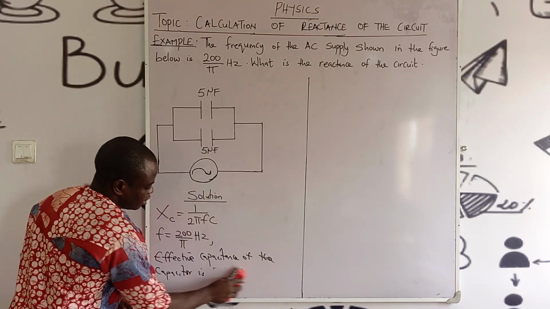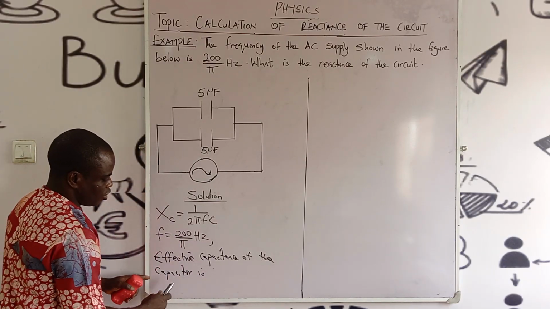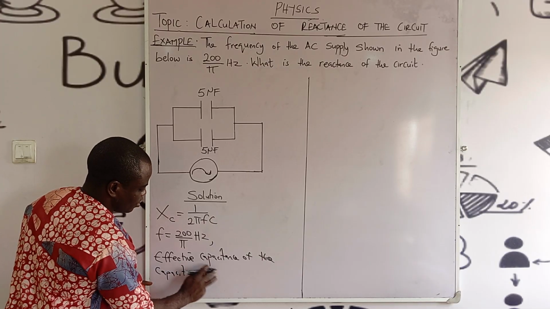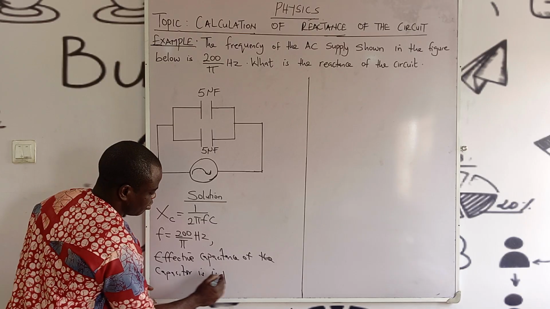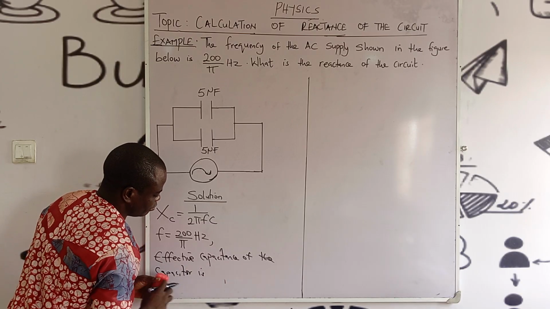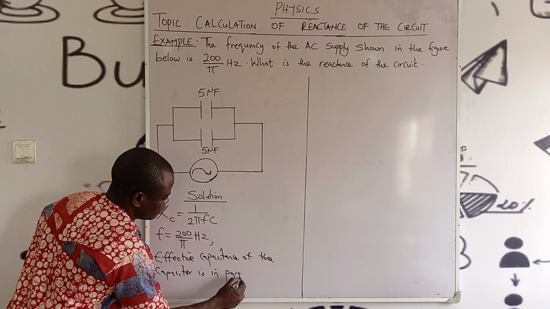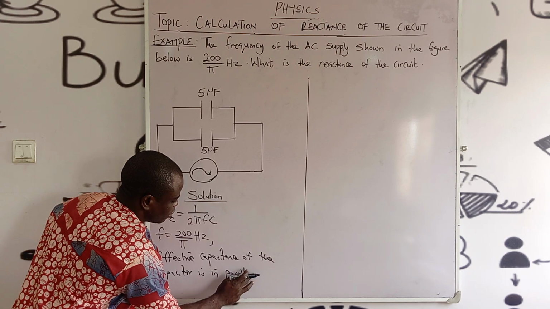Let me write it like that. Effective capacitance of the capacitor is in parallel connection.